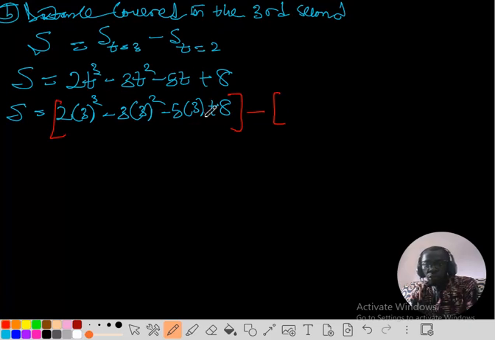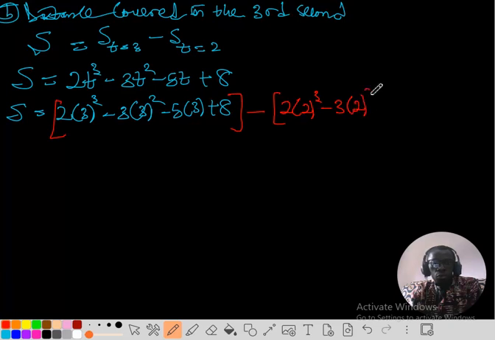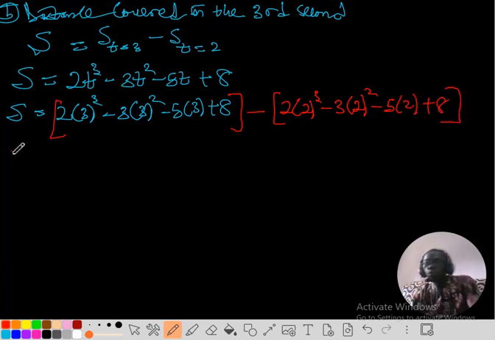Anywhere we see t here, we replace it with 2: 2 times 2 raised to power 3, minus 3 times 2 raised to power 2, minus 5 times 2, plus 8. We close this.